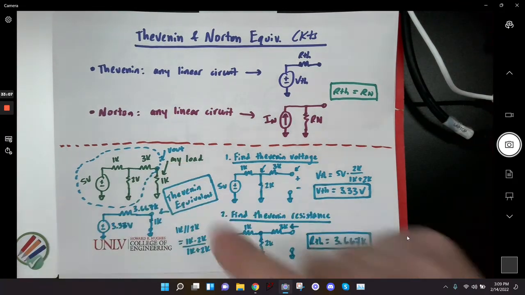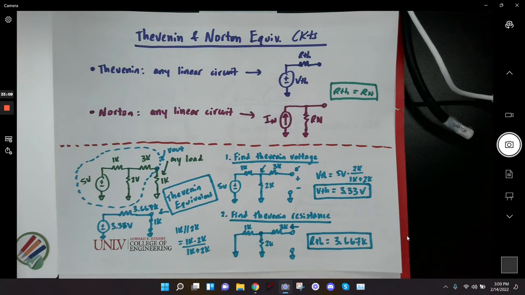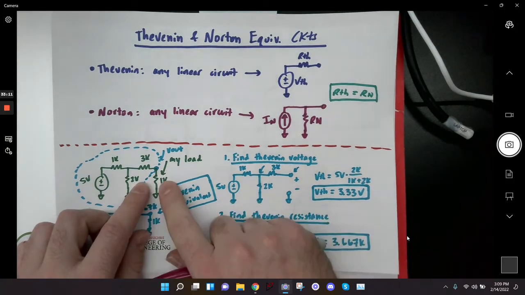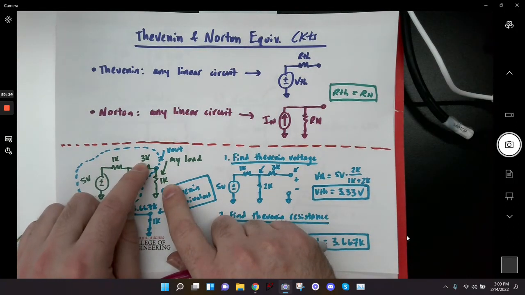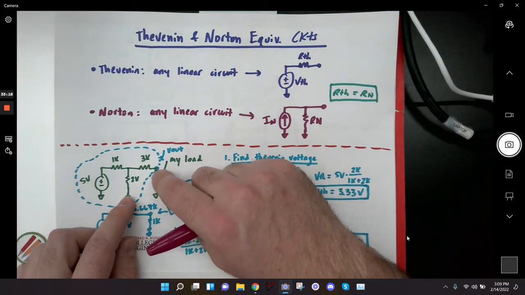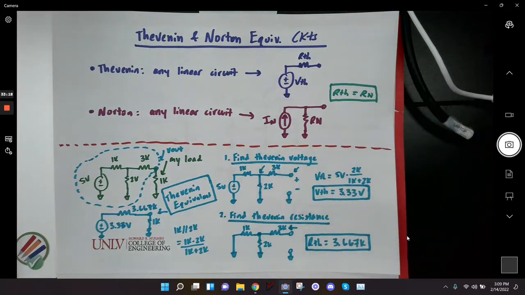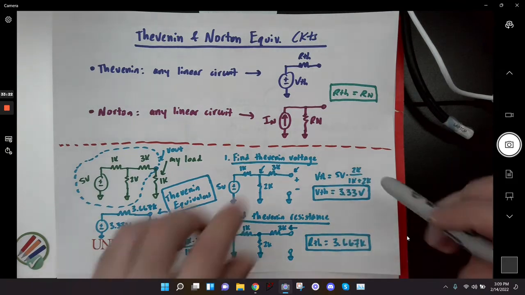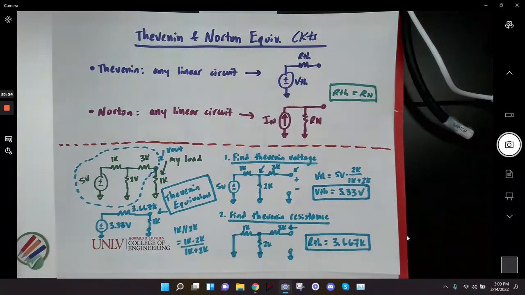And I don't want to go through the process every time of saying, first I have to combine my load with this 3K in series, then combine that series resistance with this 2K in parallel, then do the voltage divider, and then work backwards. That's ridiculous. I would rather just plug my load in here and have a voltage divider.